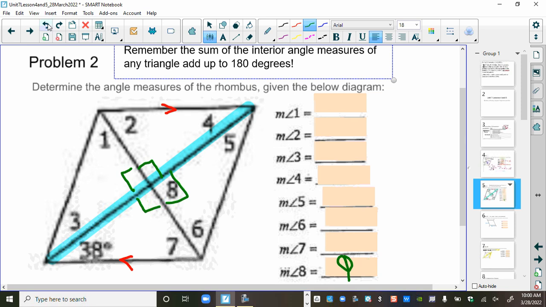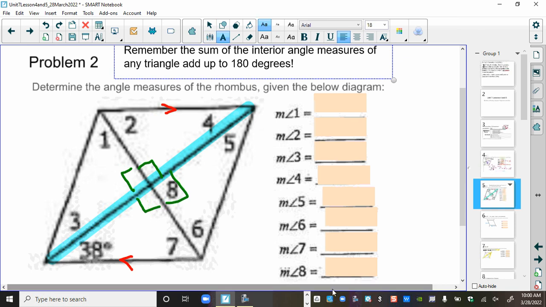Let me write that. I'll type it in. Yeah, angle 8 right away is 90 degrees. Now, we also said diagonals bisect each other. So if this angle is 38, then angle 3 must also be how many degrees? 38. That's also going to be 38.